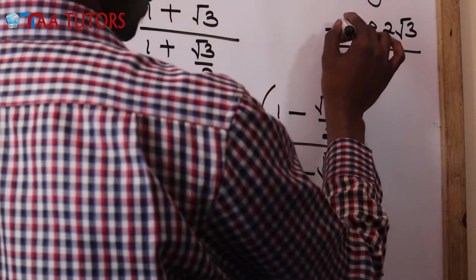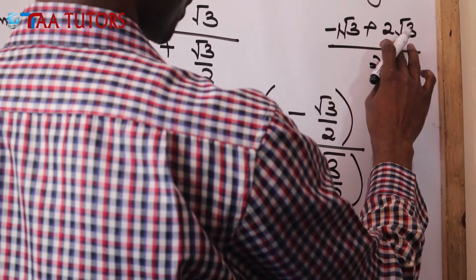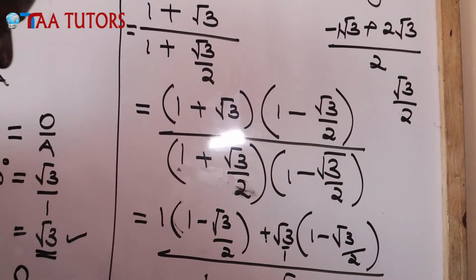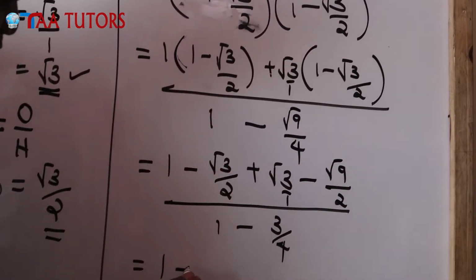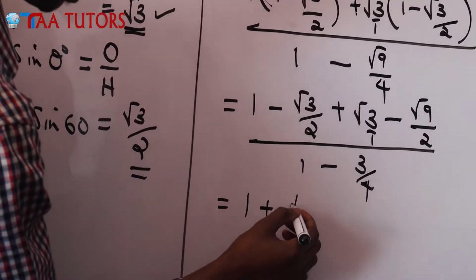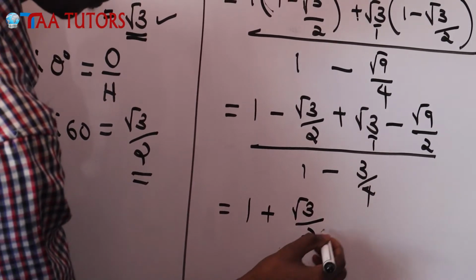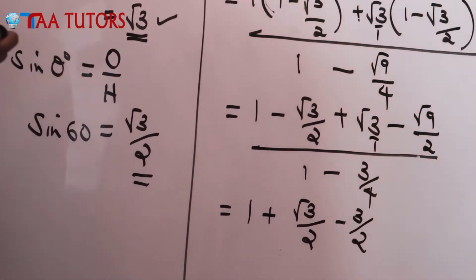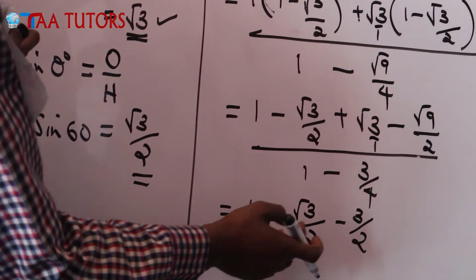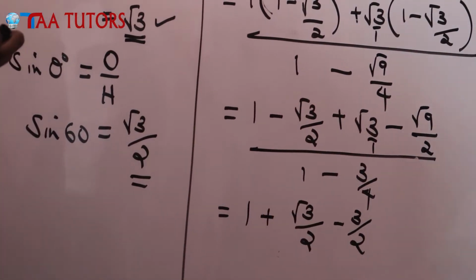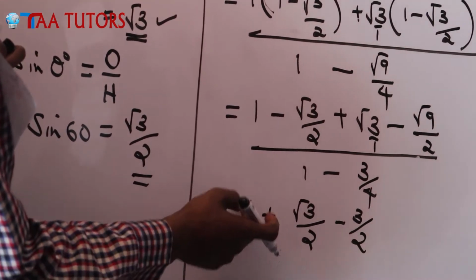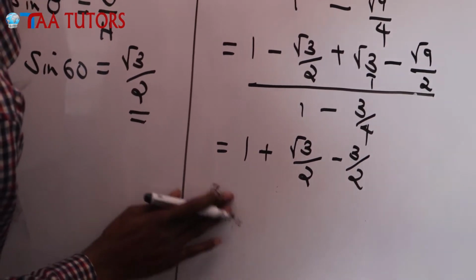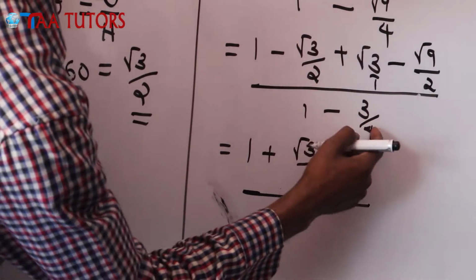So minus 1√3 plus 2√3 is actually √3 over 2. So we know that this plus this will be plus √3 over 2 minus 3 over 2. √9 is 3 over 2. So 3 over 2 is like 1.5. So 1.5 minus 1 minus 1.5 is going to be minus a half. Now what we have left down here is a quarter.